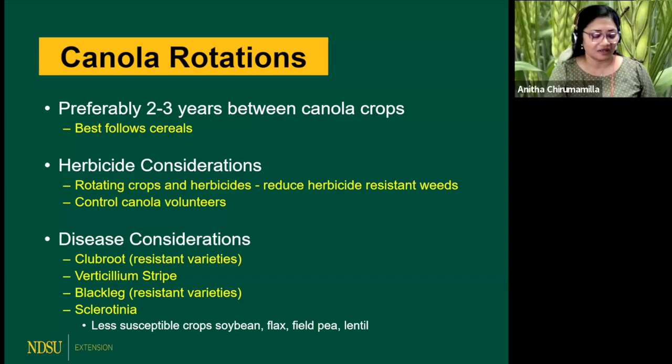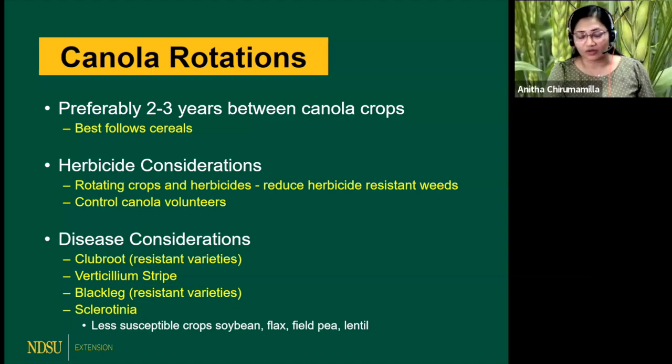Like Venkat said, it is very important to get a handle on these diseases, and the cheapest and most efficient way to reduce them is by following a good crop rotation. Venkat says 4 years, especially for diseases like clubroot and verticillium stripe.